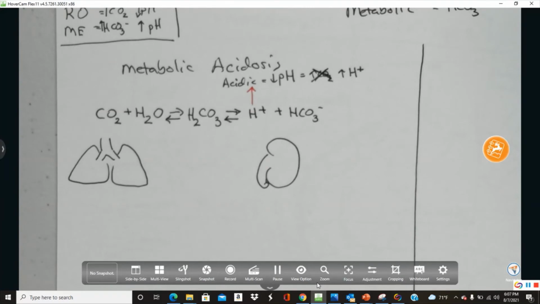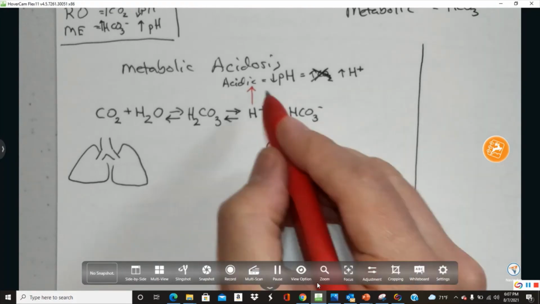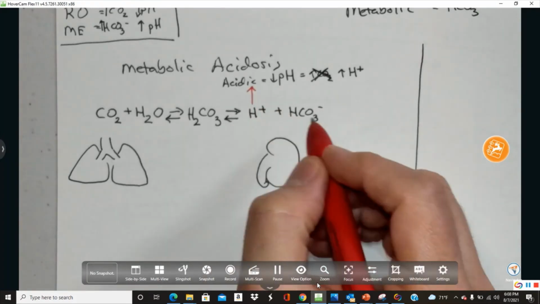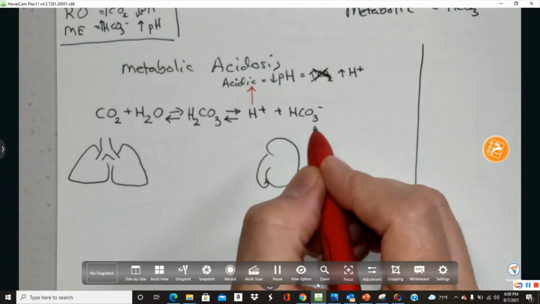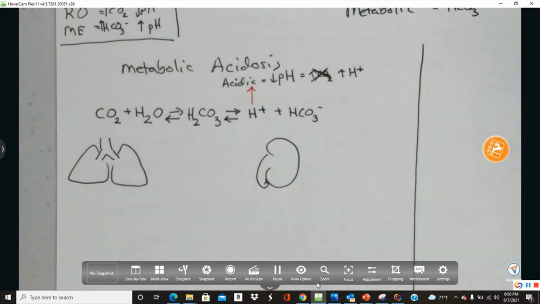Why might that be? If a patient has diabetes and goes into diabetic ketoacidosis, or somebody's in starvation, or they go into lactic acidosis because they have been severely exercising and lactic acid builds up in their body, something like that. So metabolic acids are coming in high and they are overwhelming any of the bicarb that you have.